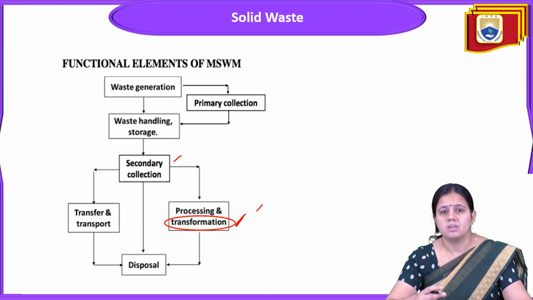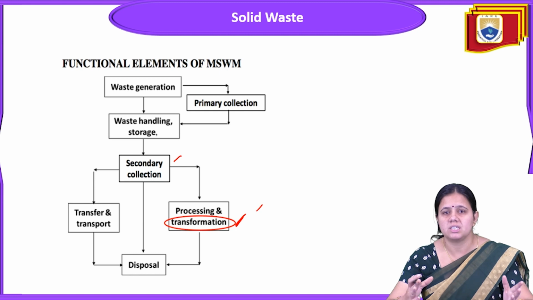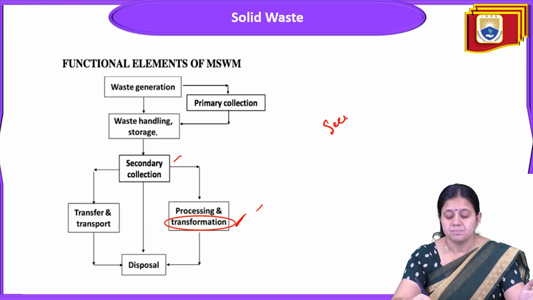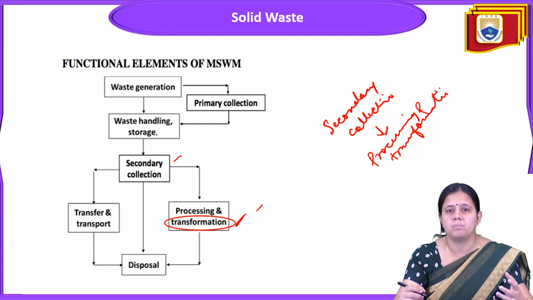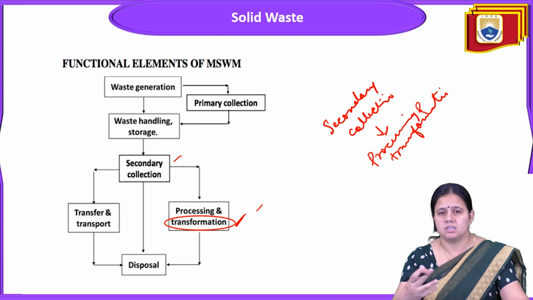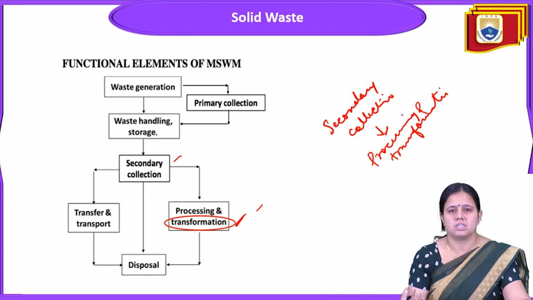From the secondary collection points, the waste goes either to the processing unit or to transformation. Transformation means the waste is transformed from its toxic characteristics to non-toxic characteristics.